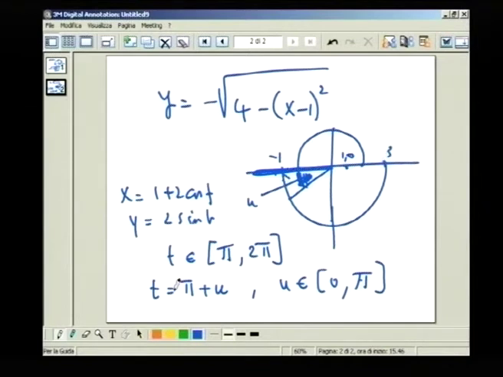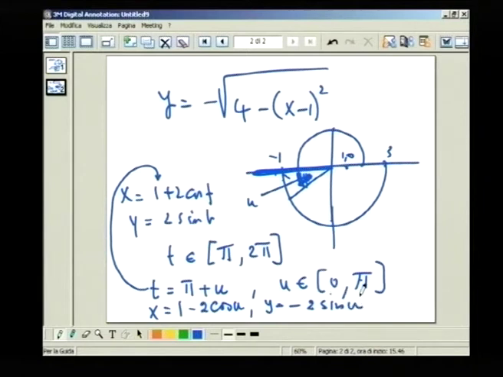And if you substitute t in these two equations, what do you get? You get x is equal to 1 plus 2 cosine of pi plus u, which is equal to 1 minus 2 cosine u, whereas y is equal to 2 sine of pi plus u, which is equal to minus 2 sine u.